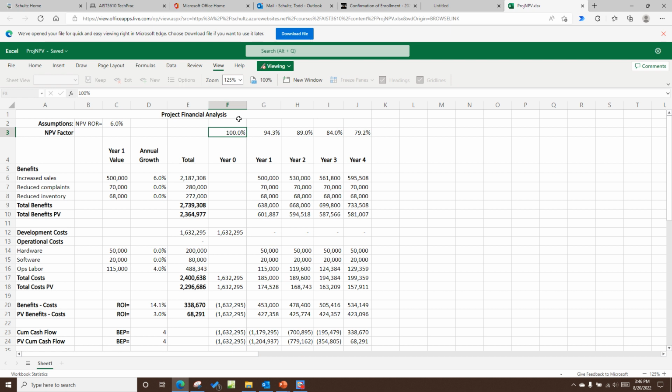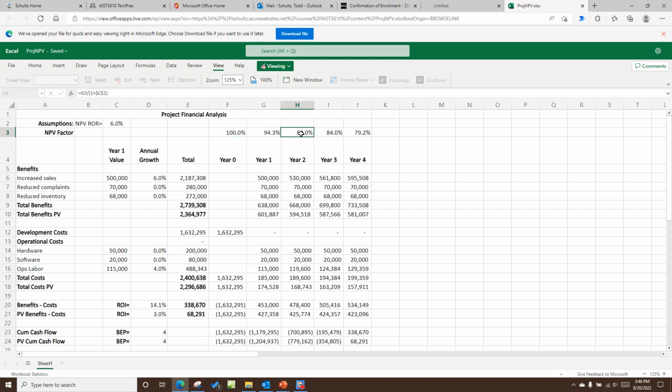What I did here was add a row for NPV factor. Here's year 0, that's now, year 1, year 2, and you can see that this formula says take this divided by 1 plus this discount rate. So it's basically saying in year 1, $1 today is worth 94.3 cents.